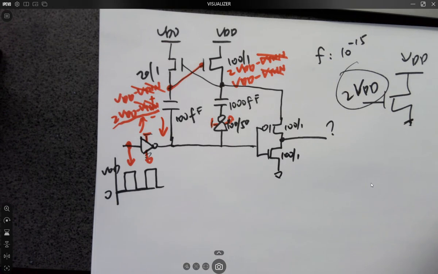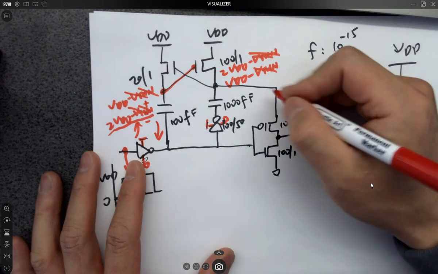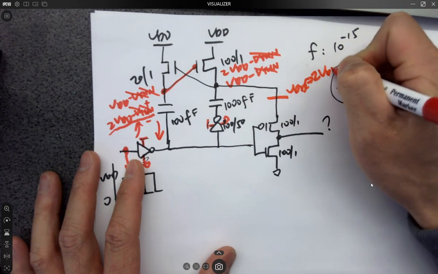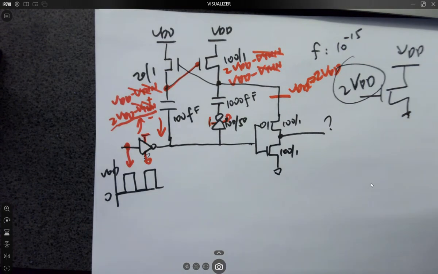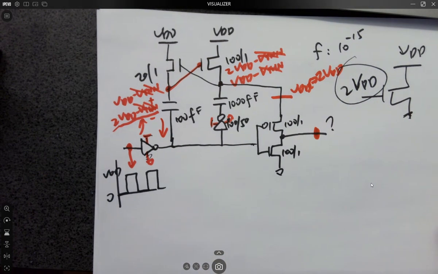So, eventually, this becomes the voltage here, right? So my question is, what about the oscillations over here, though?